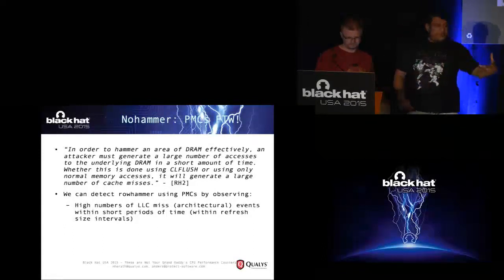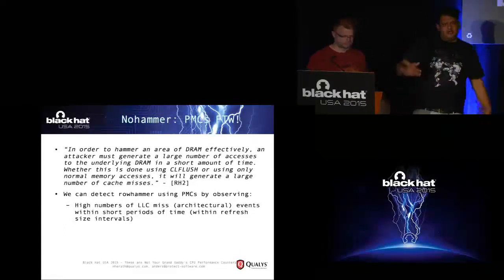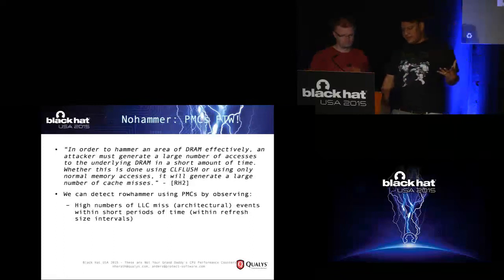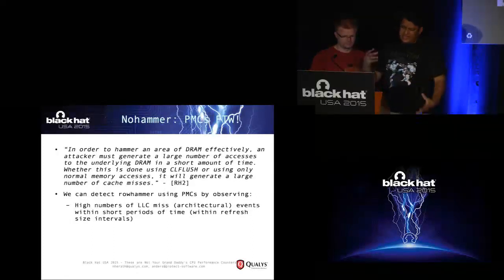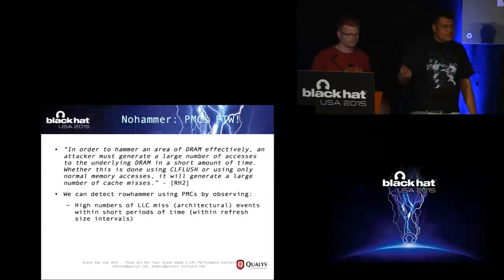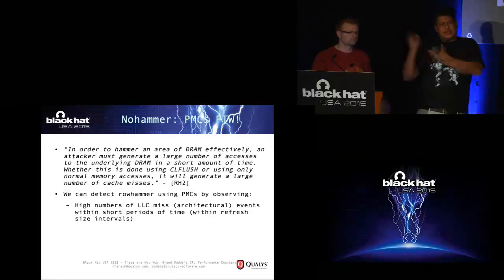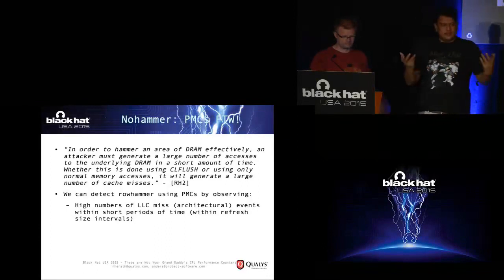So our solution to detecting and mitigating rowhammer is to detect the LLC cache misses, because when the data in the cache is evicted or flushed to directly access the RAM, we generate a performance monitoring event, which is a low-level cache miss.